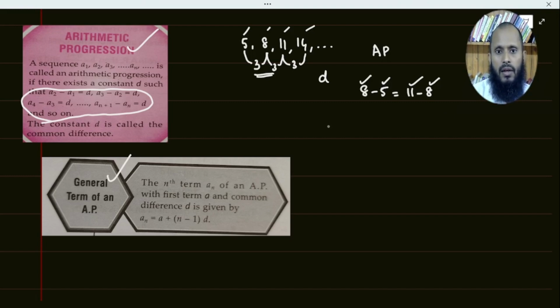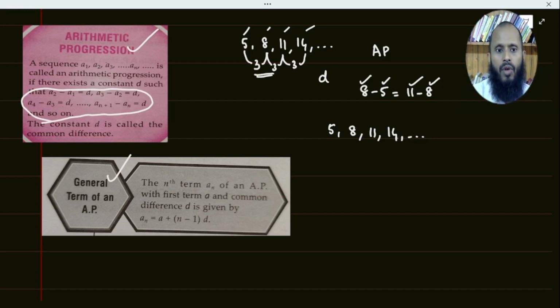Okay, again consider the AP which we have written there once again, 5, 8, 11, 14, and so on. Suppose somebody asks you to find out the 100th term of this AP. Then you can find it by just adding 3 to 14, and then you will get 17, then again adding 3, likewise, but it will take a lot of time.